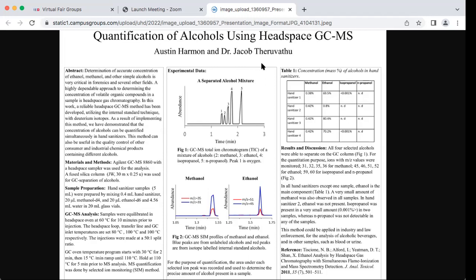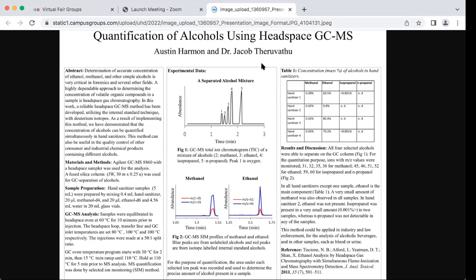So we first prepared the samples by mixing methanol D4, which is an isotope, ethanol D6, which is the isotope of ethanol, and the specific hand sanitizer sample, and add water up to 5 milliliters.